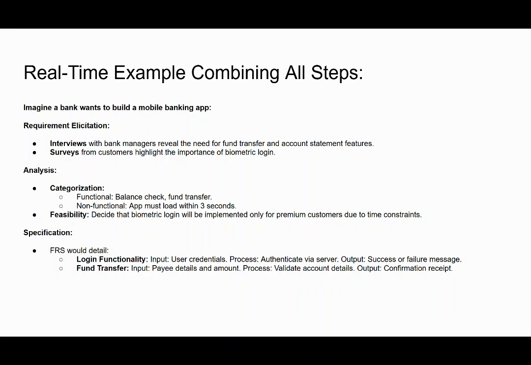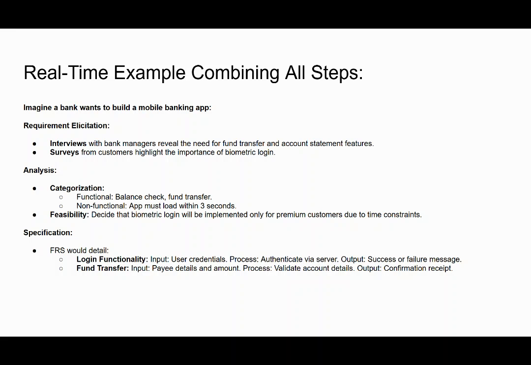In the elicitation phase, it conducts interviews with the bank managers to understand the needs, and surveys of customers to understand the importance of biometric login, because they want to implement biometric login in this mobile banking app.